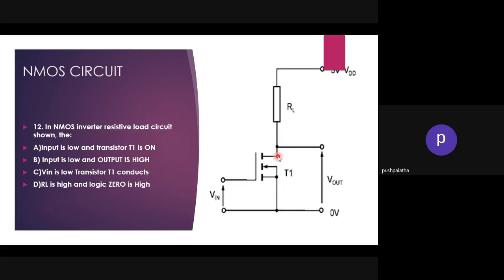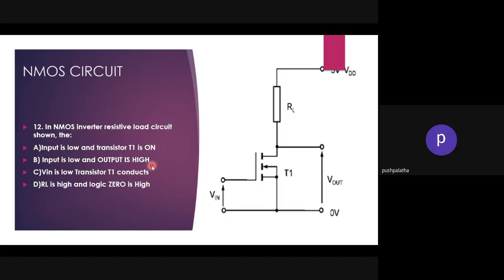Next, Vin is low, transistor T1 conducts. See, actually option A and option C are the same only. They just made it a contradictory statement. Input is low, Vin is low. Both are the same: transistor T1 on, transistor T1 conducts.